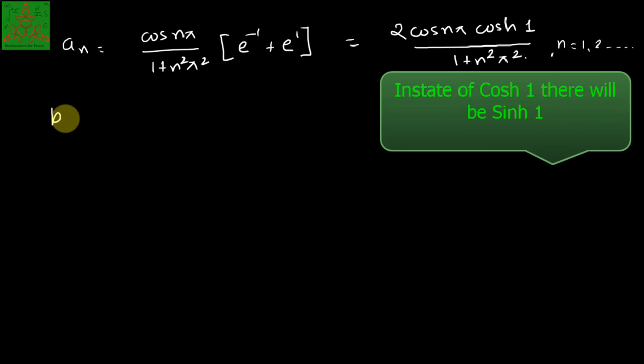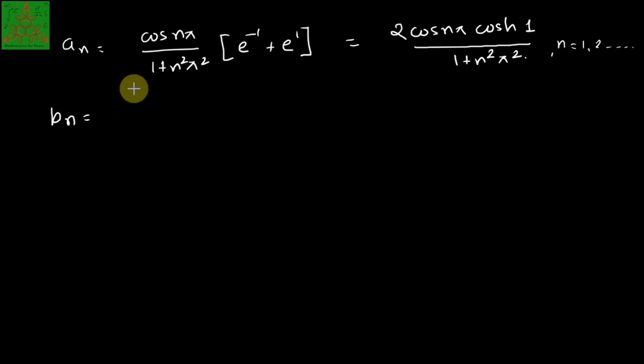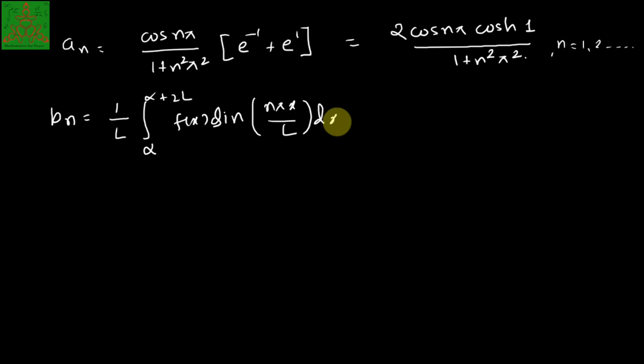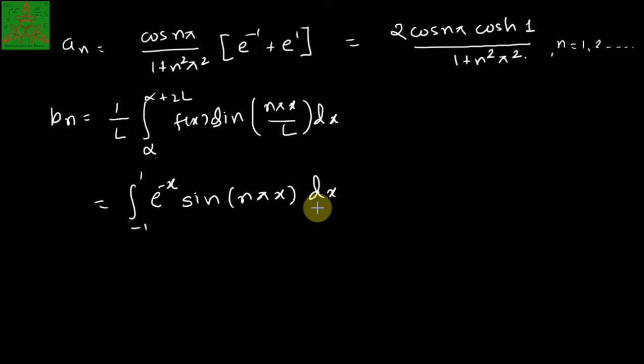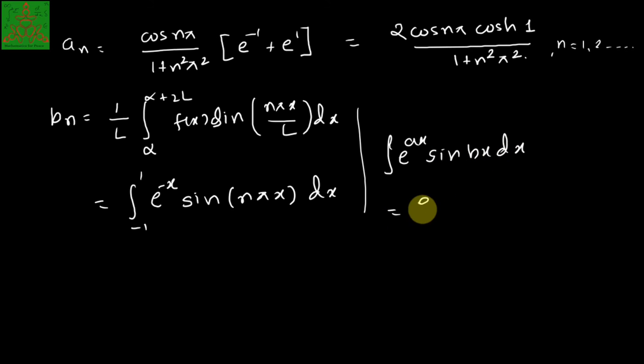Now let us calculate what is bn. As per the formula, we'll have it is 1 upon L integral from alpha to alpha plus 2L of f of x sine n pi x upon L dx. As you know that L is 1 and alpha is minus 1, this is minus 1 to 1, f(x) is e power minus x sine n pi x dx. Now we know the formula, integration of e power ax sine bx dx will be e power ax upon a square plus b square.